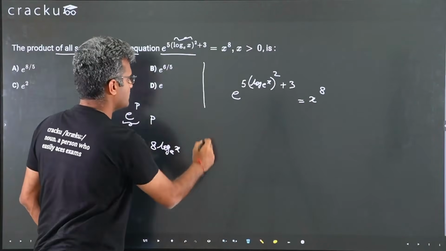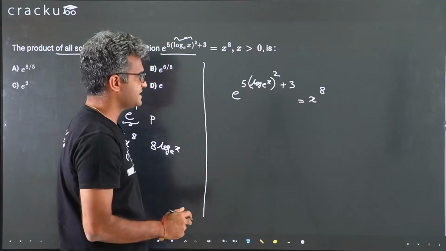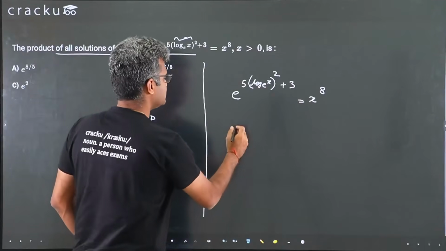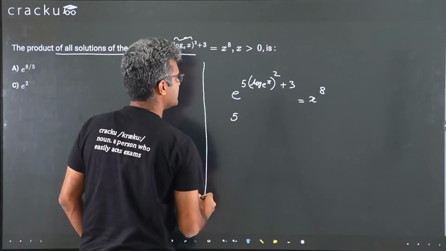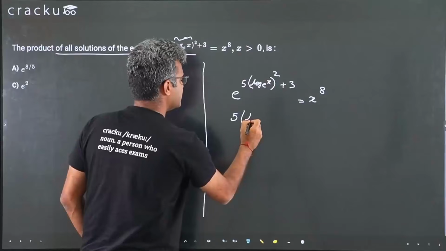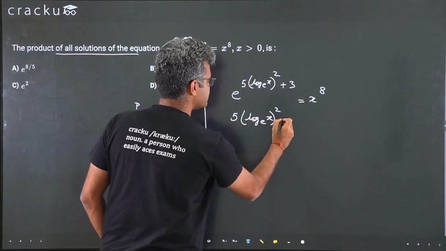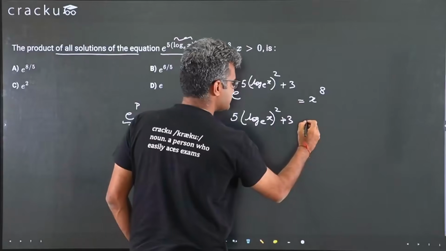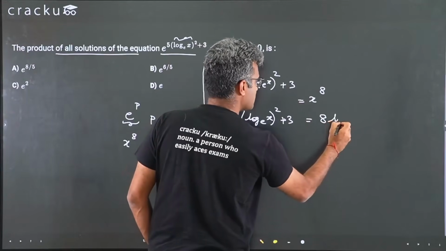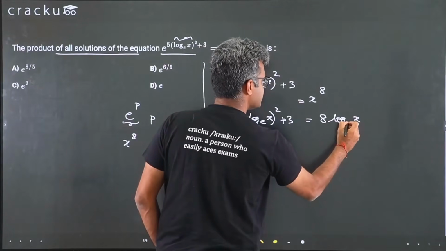So, taking log to the base e on both sides of the equation, the left hand side becomes 5 (log x to the base e) whole square plus 3, and the right hand side becomes 8 times log of x to the base e.